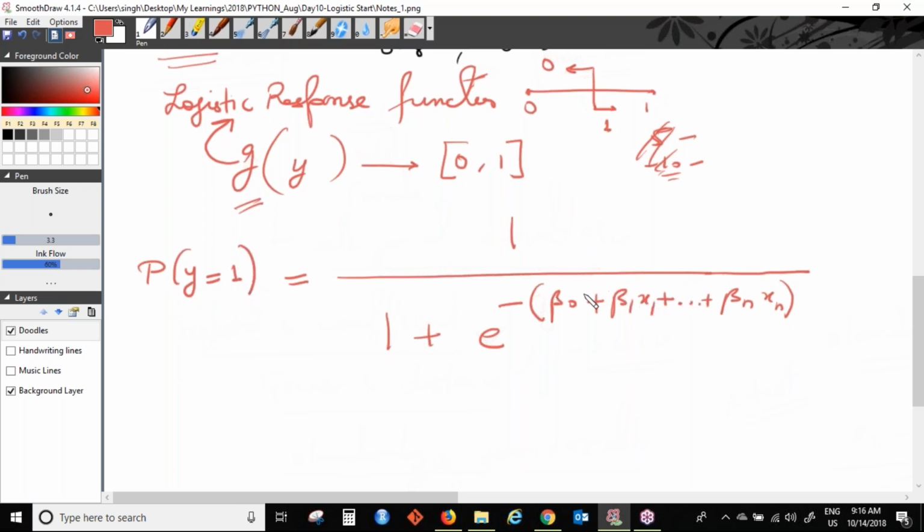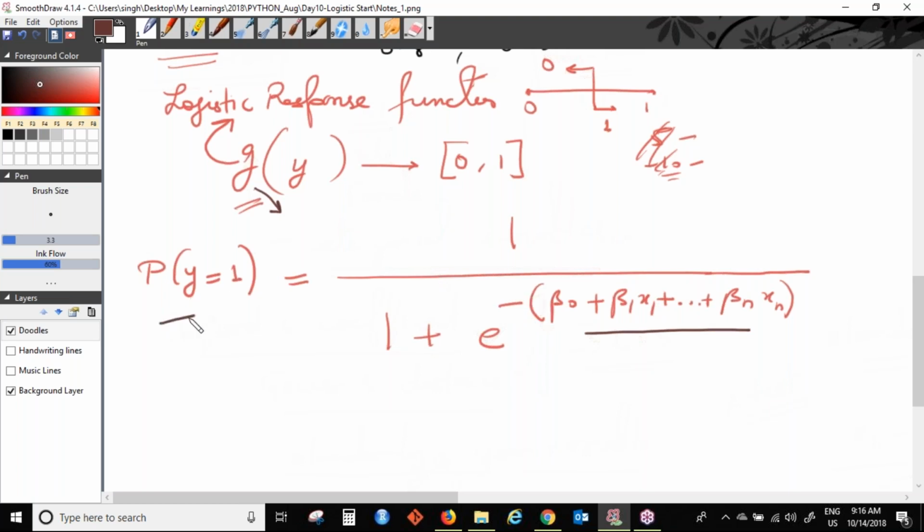So this is that function, the logistic response function. If you see, you have the same linear regression line here. This is the linear regression line. What I have done is write this g function here. It is the same linear regression line, but after applying the function g on top of it.